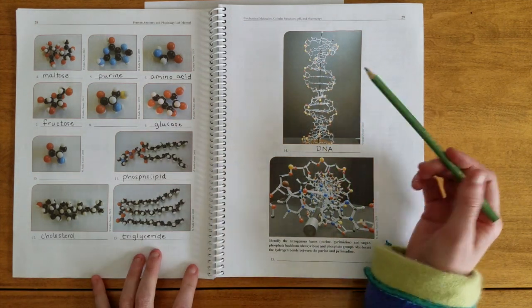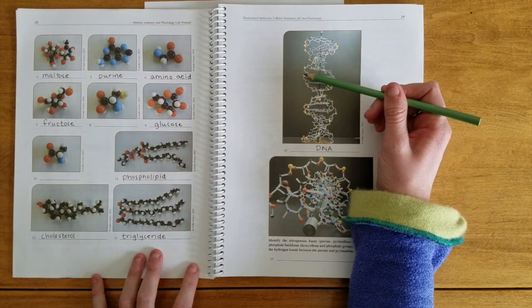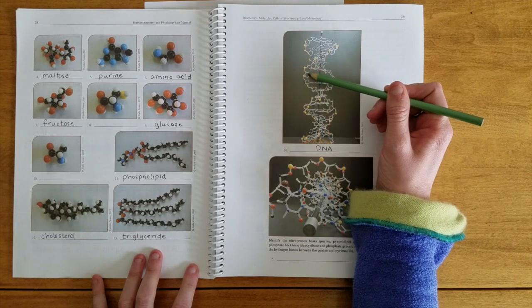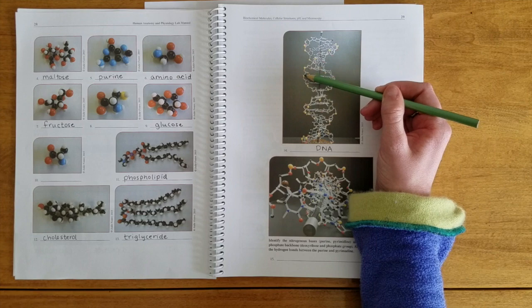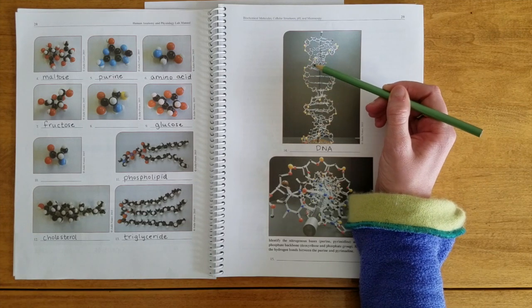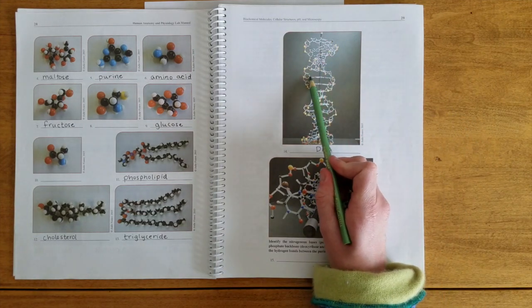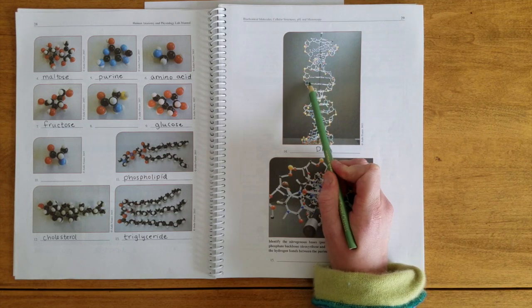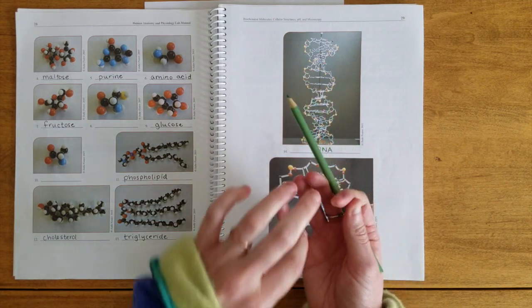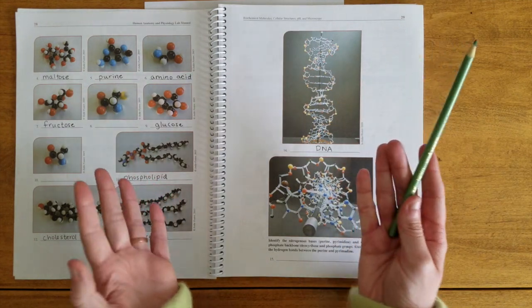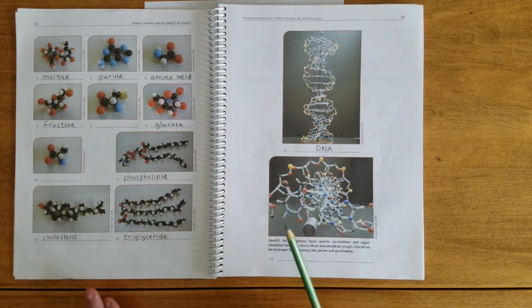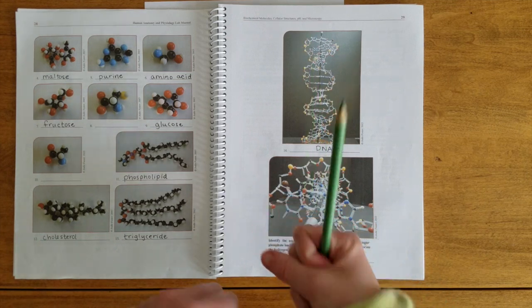If we take a close look here, we see our sugar right here. Here's a phosphate group, and here would be a nitrogenous base. Here's another one. So these are big long chains of nucleic acids on each side that are bound together in the middle and then twisted.